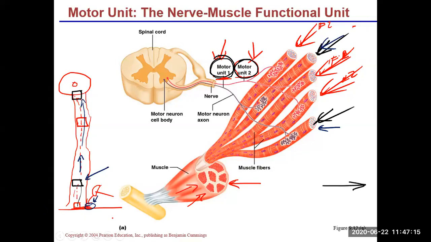So going back to the fair, imagine that you hit the platform with the hammer or a huge rubber mallet. What happens is the weight might go a little bit up, but this is as if you only used motor unit 1. If you use motor unit 2, you could see there are more branches right here. Here's 1, here's 2, here's 3.